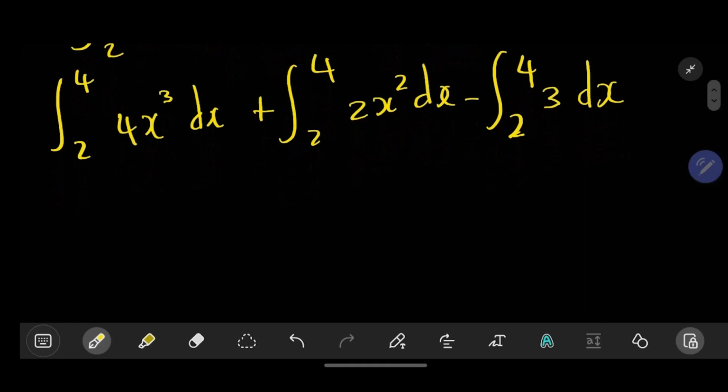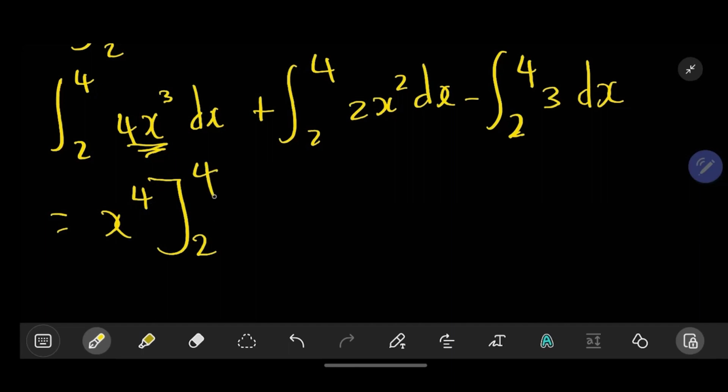Here we can use the power rule and the multiplication by a constant rule. So this will be x to the 4 all over 4, and you can see that the 4s will cancel out. So we'll have x to the 4, evaluated from 2 to 4, plus.